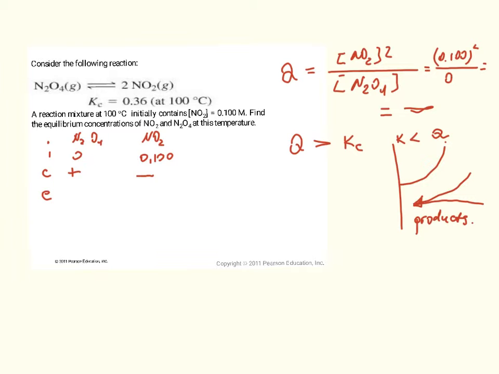Usually, the most convenient to let x represent the change in concentration of the reactant or product with, attention, the smallest stoichiometric coefficient. The smallest stoichiometric coefficient in this example is 1, and this is for dinitrogen tetroxide.